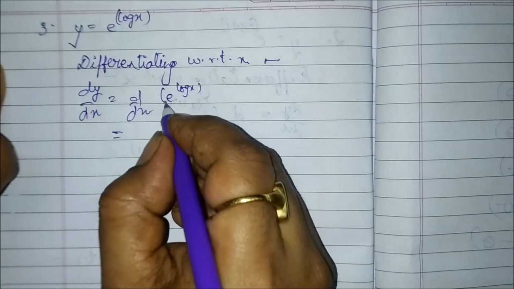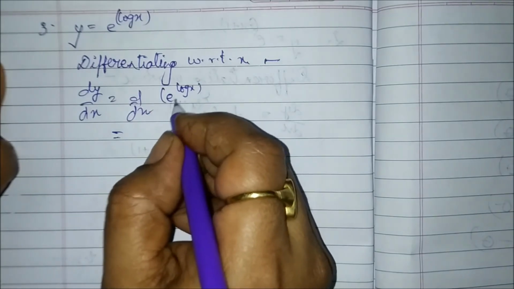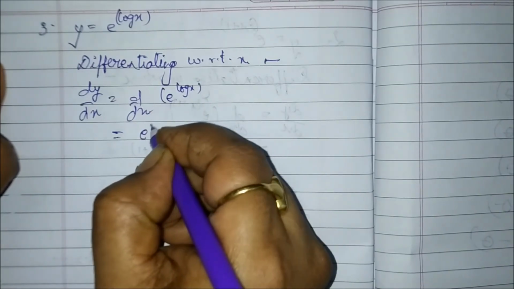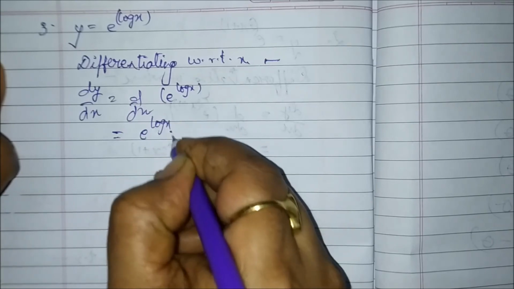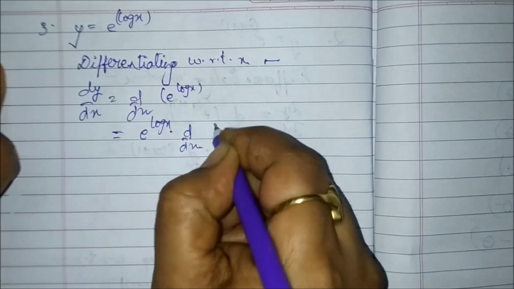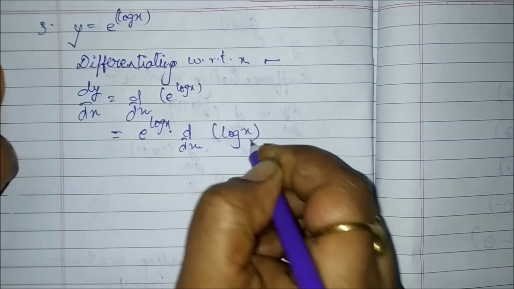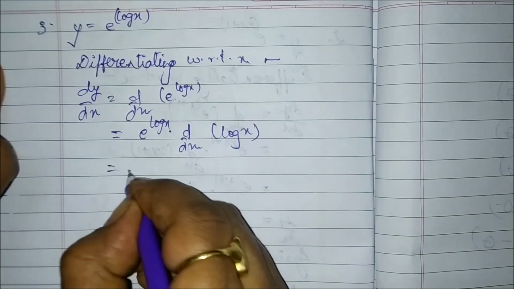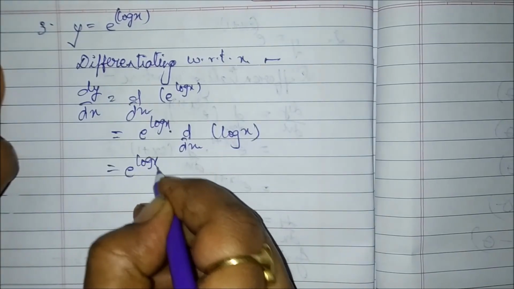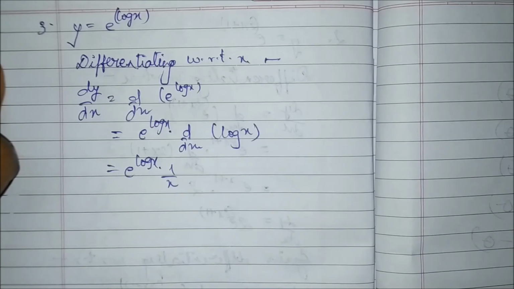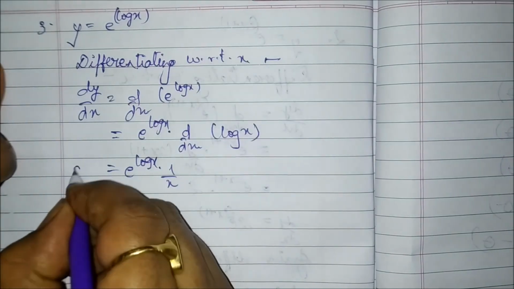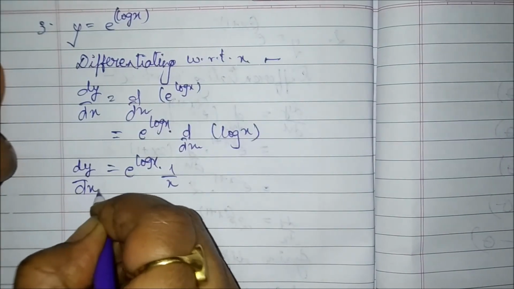Now since derivative of e raised to x is same, so we write here e raised to log x into d by dx of log x. So e raised to log x into 1 by x. Clear? So it is dy by dx.